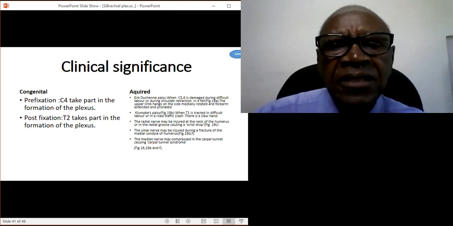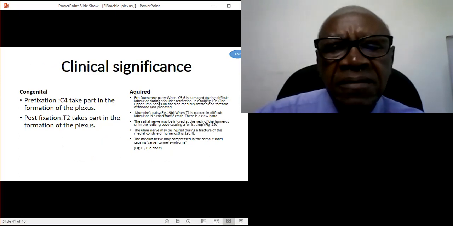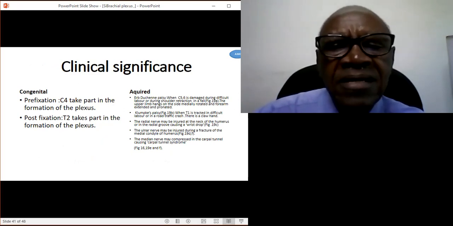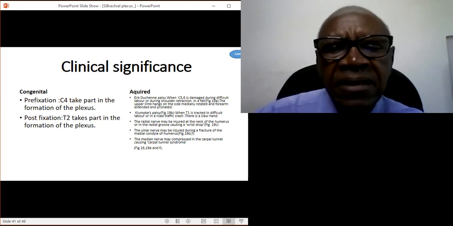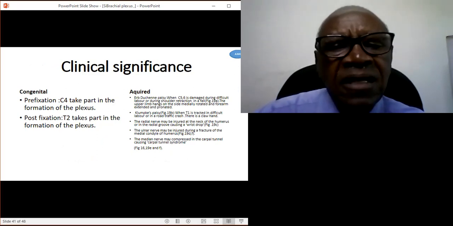Clinical significance of the brachial plexus. Congenitally, it can be prefixed where C4 takes part, or postfixed where T2 takes part.